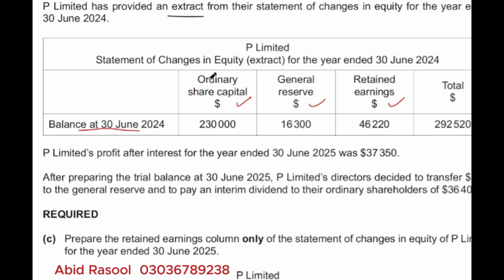You know very well what ordinary share capital means, the money we have collected through selling ordinary shares. General reserve and retained earnings are the undistributed profits.